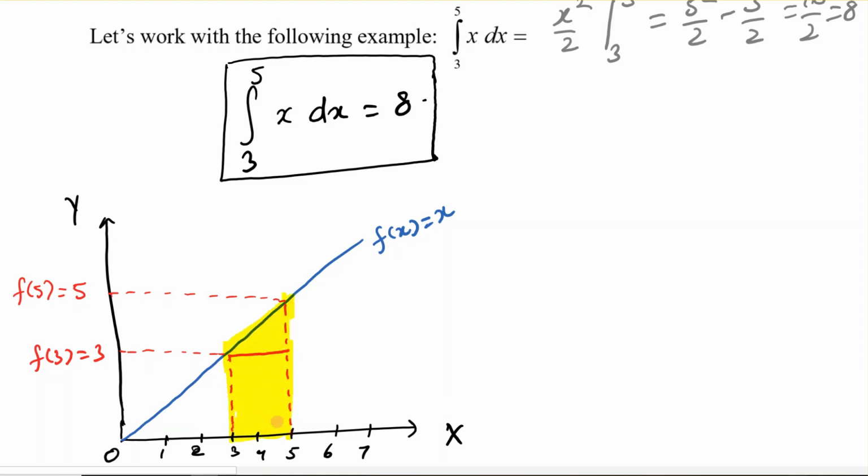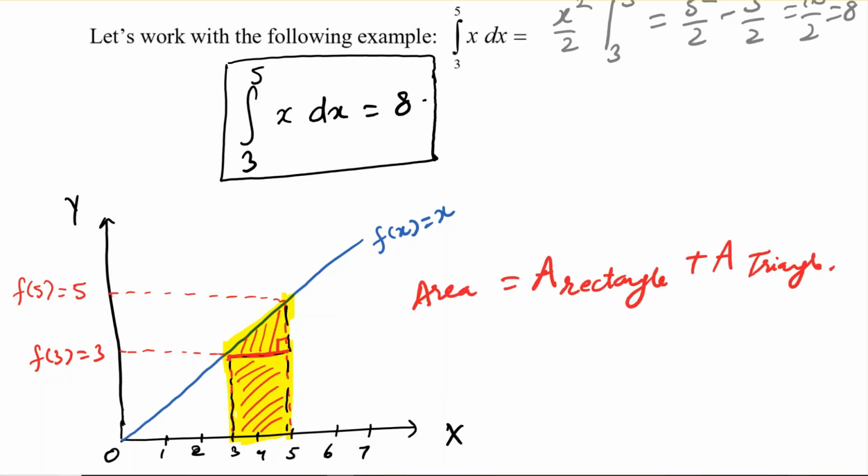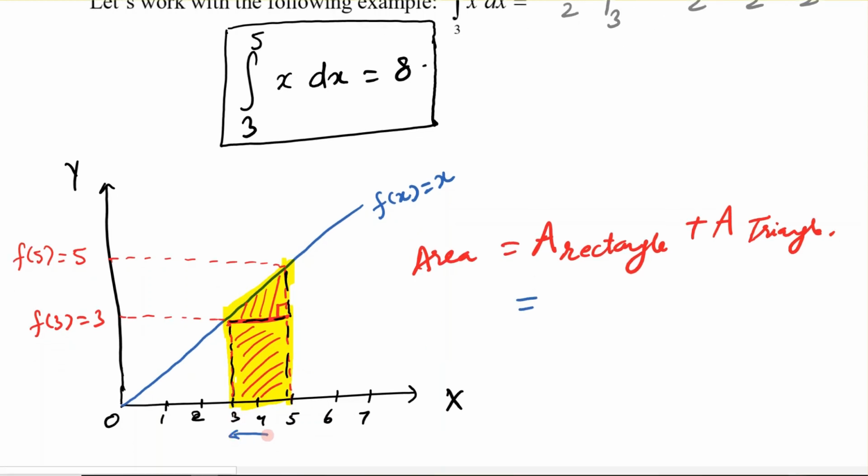If you want to find this area, you can split it into two parts: the area of the triangle plus the area of this rectangle. The area of the rectangle would be, between the two, this length is 2 and this height is 3, so that would be 2 times 3.